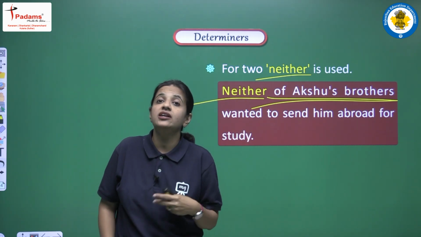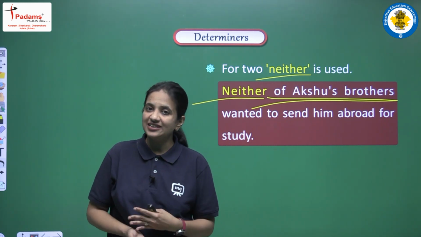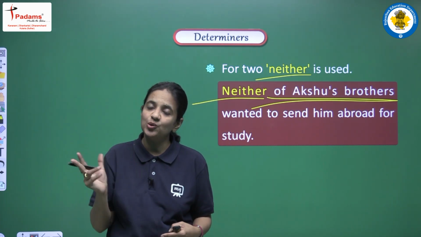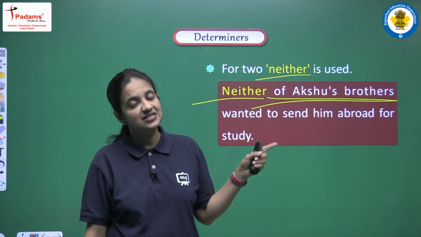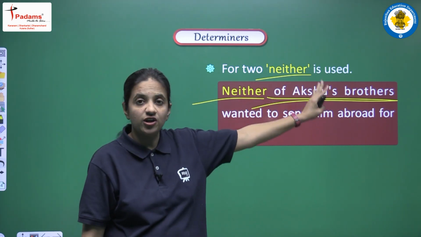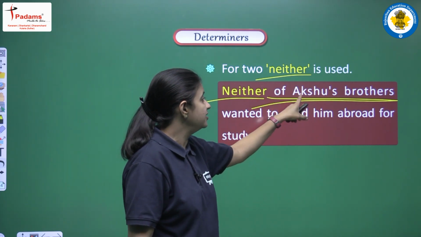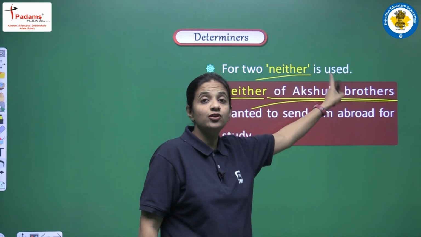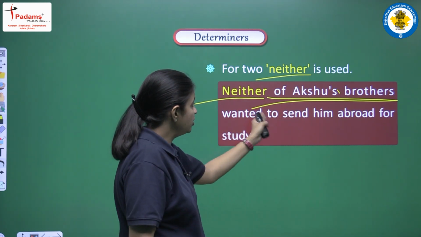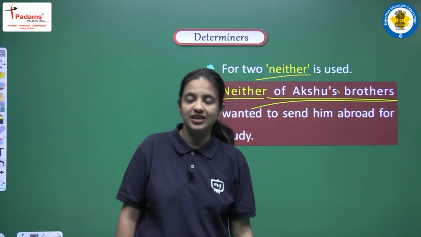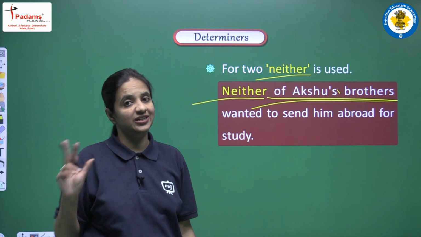If we are having none, that means three or more than three, and if we are having neither, that means we are talking about only two options. So in this sentence neither means that Akshu is having only two brothers, and we are saying that neither of Akshu's brothers wanted to send him abroad for study, and it is clear with the use of neither that Akshu is having two brothers. Clear?